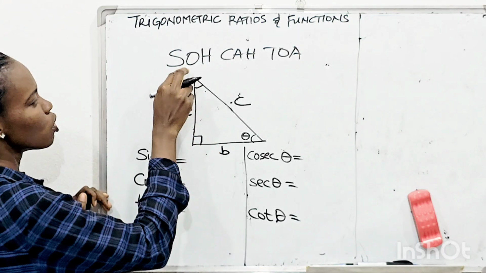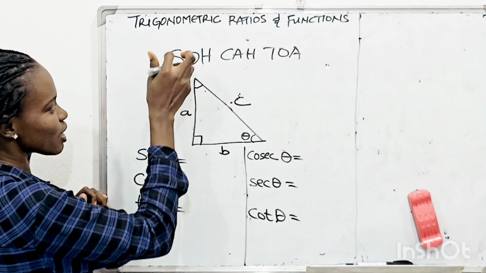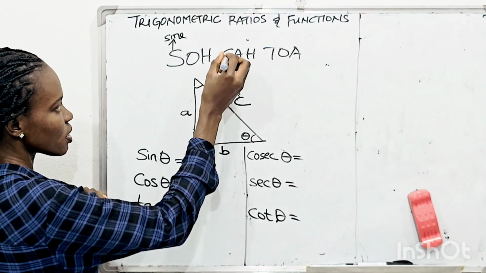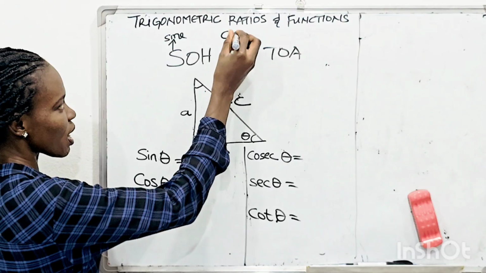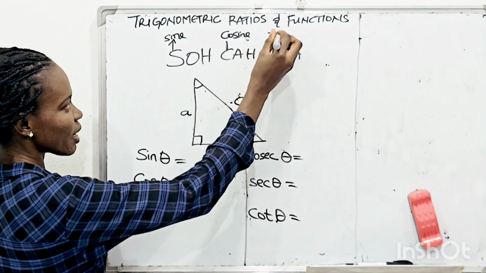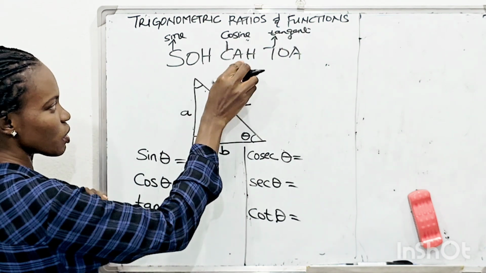Okay. So now SOHCAHTOA is telling us that S here stands for sine. C here stands for cosine, that is cos. T here stands for tan, tangent. Okay, then these ones are the ratio.